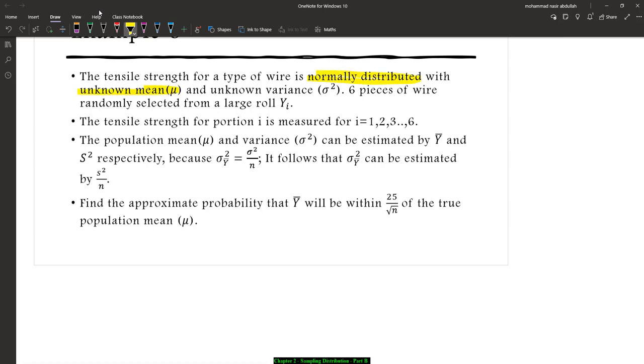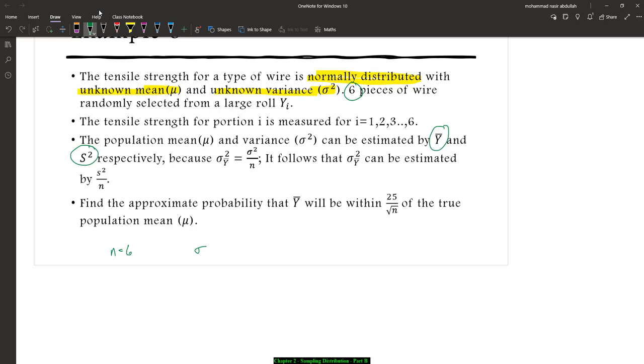So we don't know the population mean, and the population variance is unknown. Six pieces of wire were randomly selected from a large roll, so we have n equal to 6. The tensile strength is measured from 1 until 6. The population mean and variance can be estimated by y bar and s square respectively.